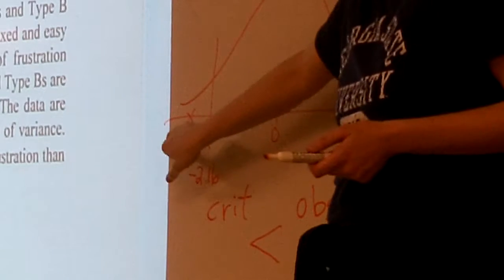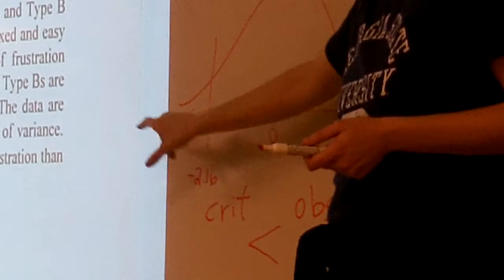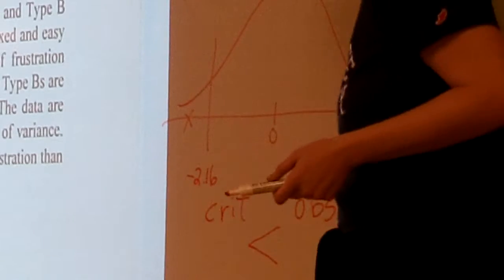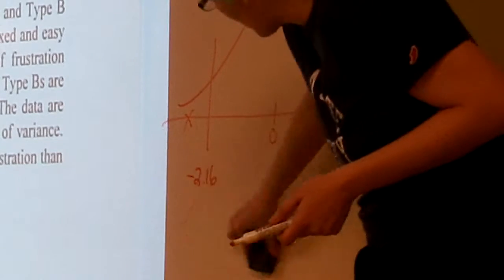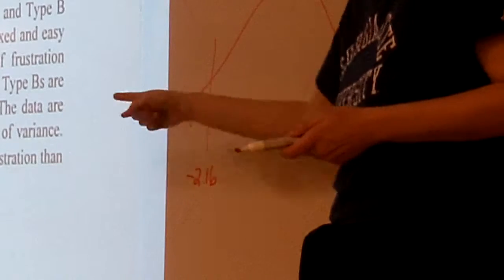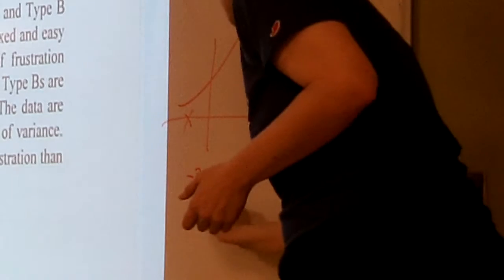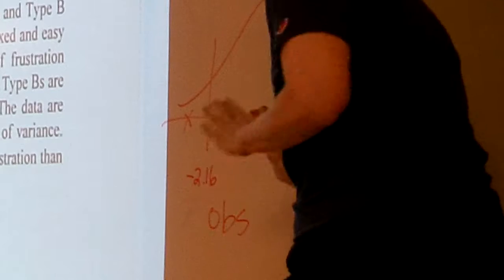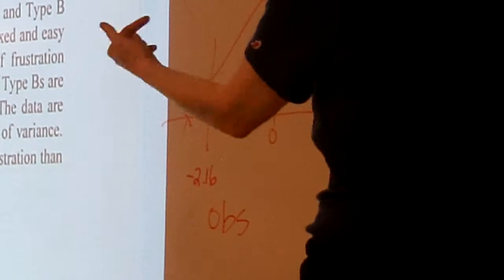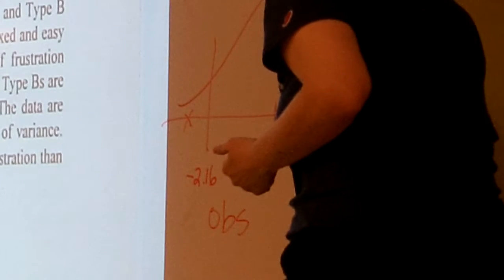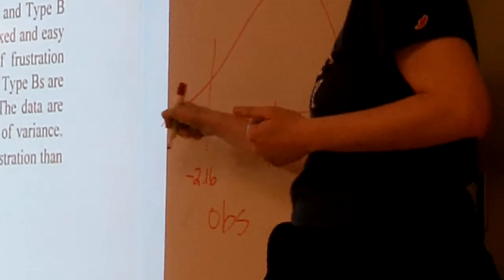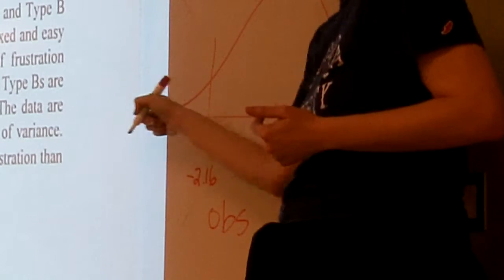When we start talking about the negative end of the distribution, you have to think the opposite way. Because in order to get a significant result at the negative end of the distribution, I need my observed value to be to the left of the critical value, right? Because there's my critical value right there. I need my observed value to be further out this way.